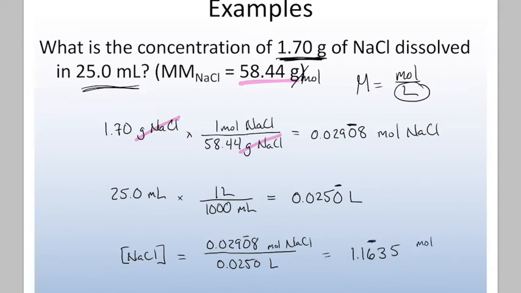So this would be in moles per liter, and so I get 1.16, and then we'll just make it big M. So final answer is the concentration of NaCl is 1.16 molar.